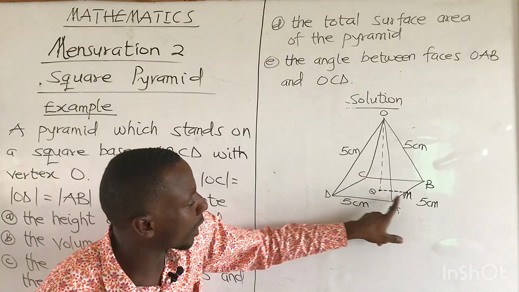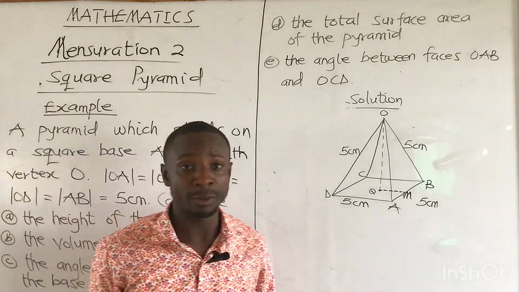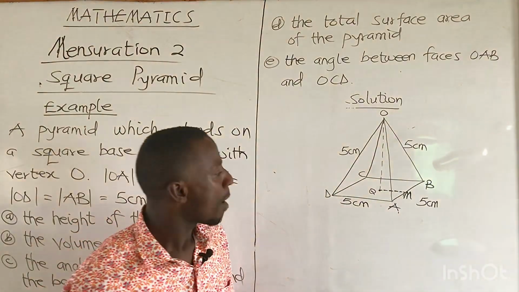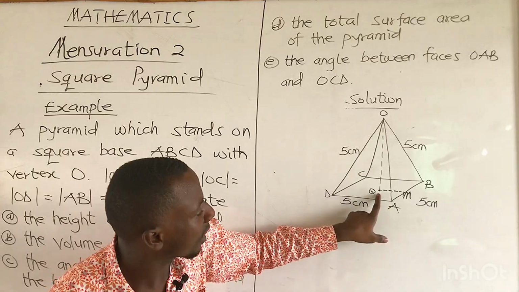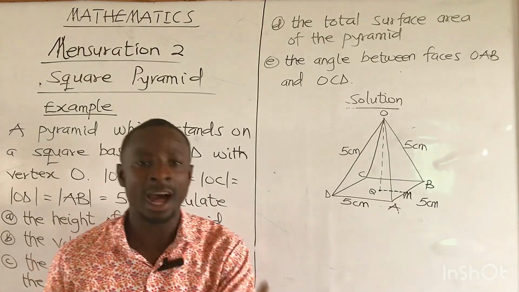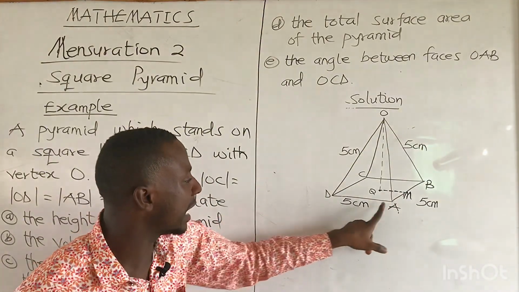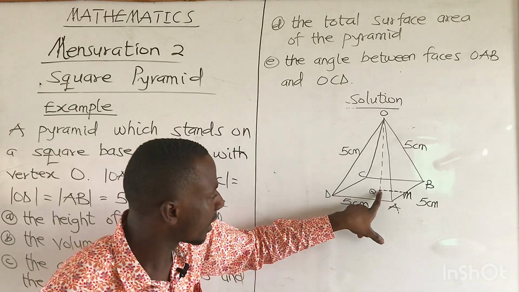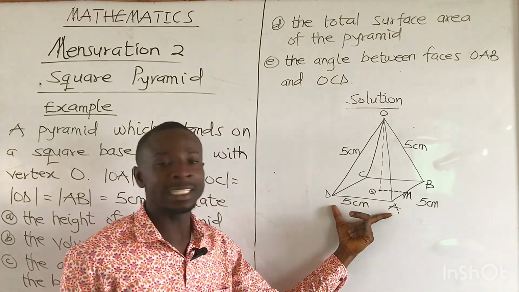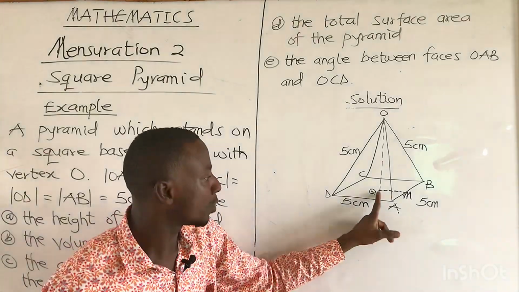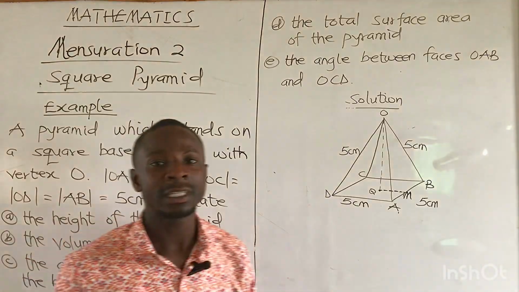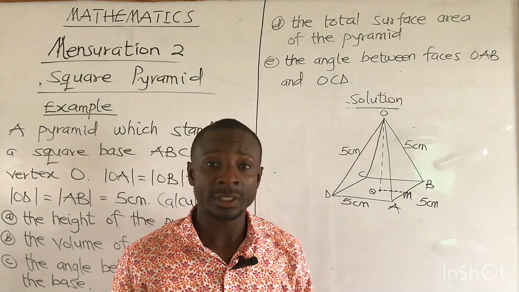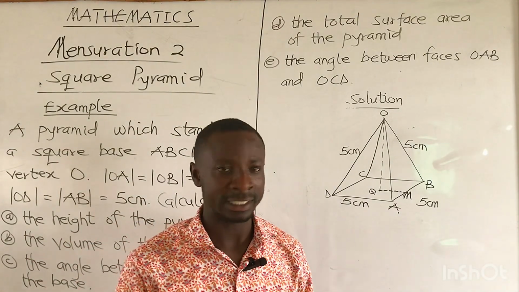If I'm able to get QM, it can help me to get the height. But we can see that QM is half of DA. QM is dividing DA into 2 equal parts. So QM is half of the 5 centimeters, which is going to be 2.5 centimeters.